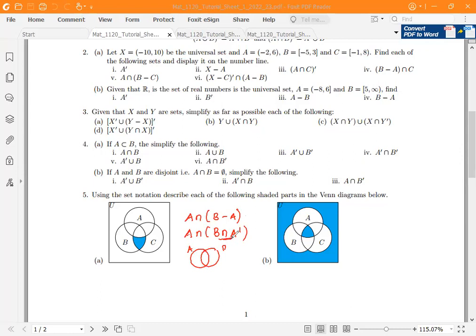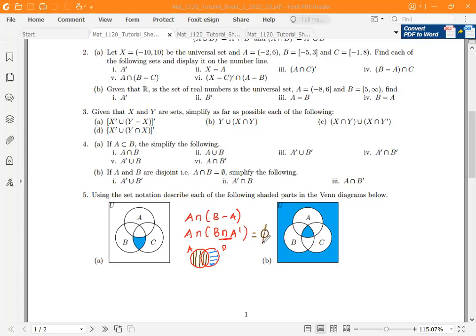B intersection A complement is this part here. Does this part intersect with A? No, because B intersected with A and A is here. Is there any part where the lines are crossing each other? No. So that's the reason why the answer is empty.